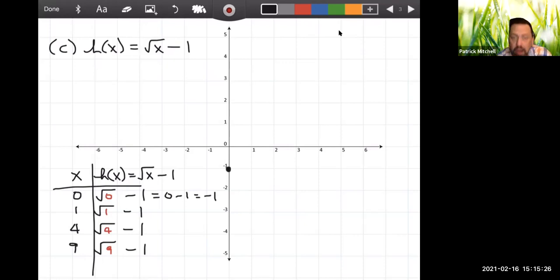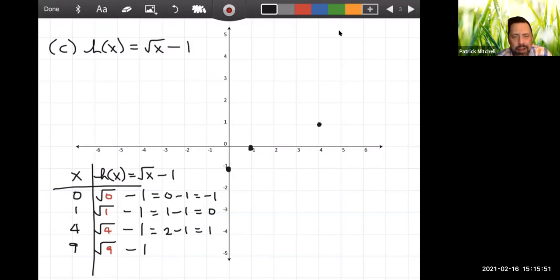Next we have the square root of 1, which is 1. 1 minus 1 is 0, so that's the point (1, 0). Then we have the square root of 4, which is 2. 2 minus 1 is 1. So that's (4, 1), way over here.